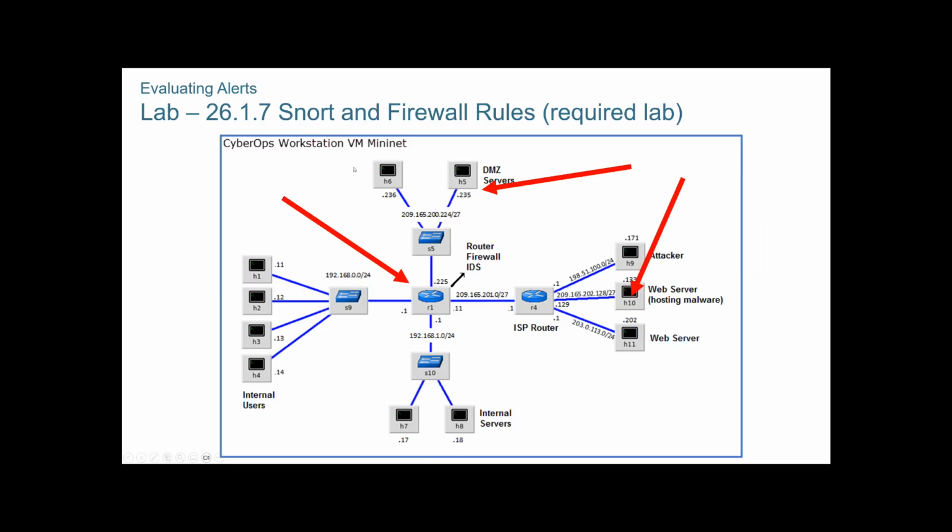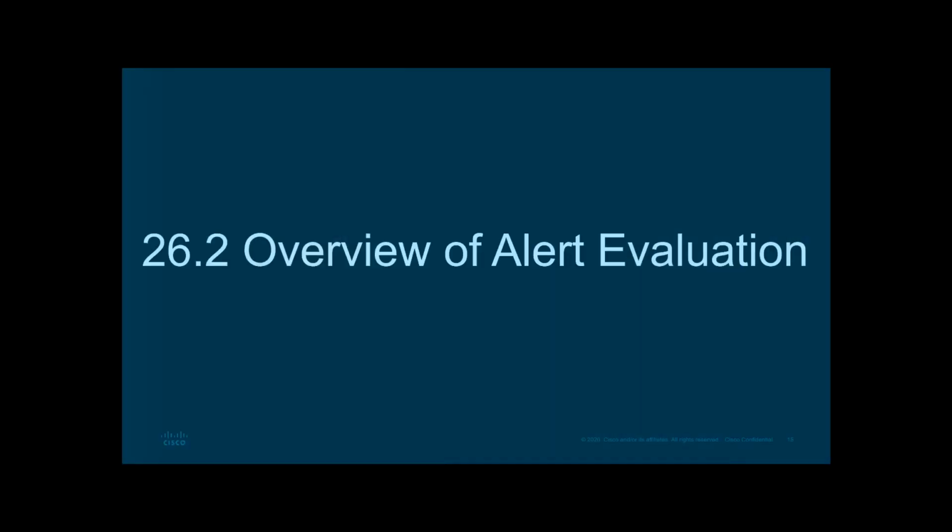So I don't want you to get confused. If you have problems, let me know. But always refer back that what you're actually doing is you're working with this particular topology, but you're just in a terminal window. So that's 26.1.7, the only lab in module 26.